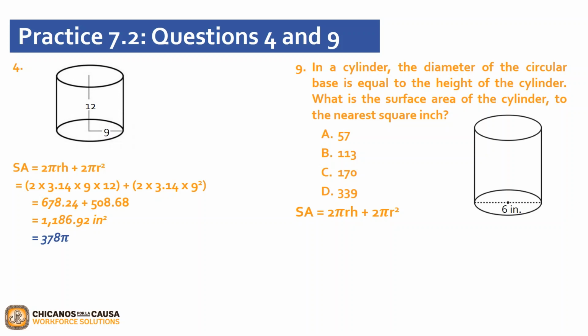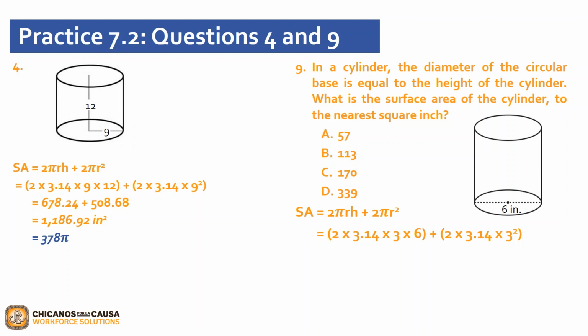So we are going to replace all of our variables with the values. So we have 2 times 3.14 times the radius, which is 3, times the height, which is 6, because remember, on the question, it says that the height is equal to the circular base.